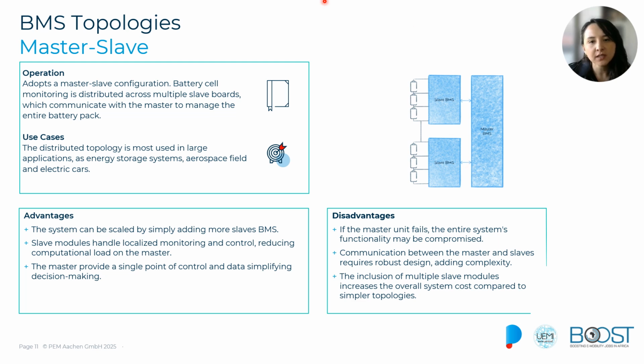This is mostly used in large-scale energy storage systems or in electric vehicles, especially current buses that have a high capacity and require highly reliable battery systems. Also, this architecture, which is the most complex but has most of the system advantages, can be used in aerospace applications as well, because it's very robust, and that is critical in those kinds of applications.